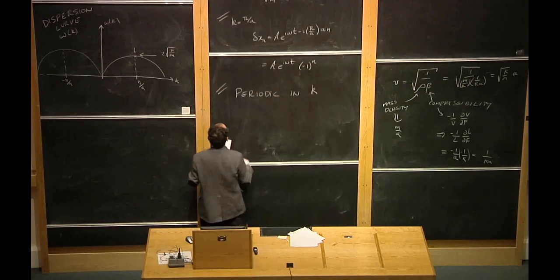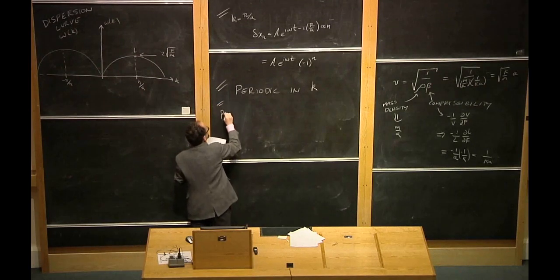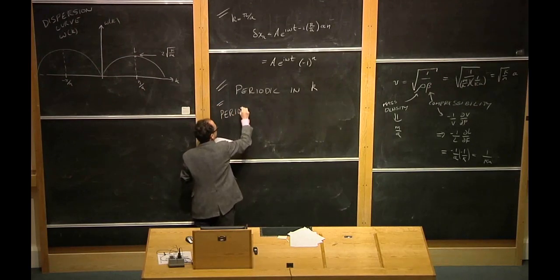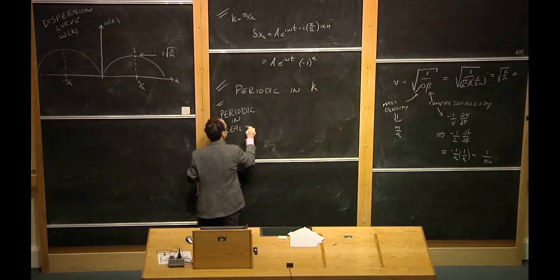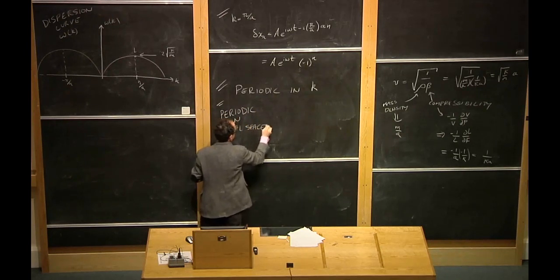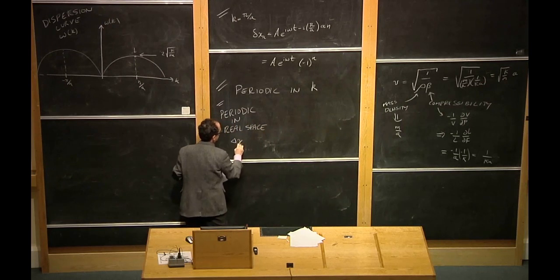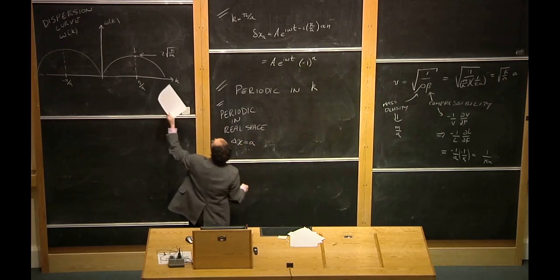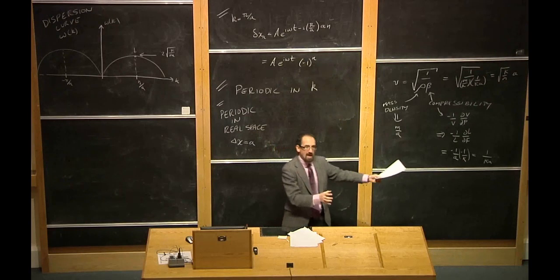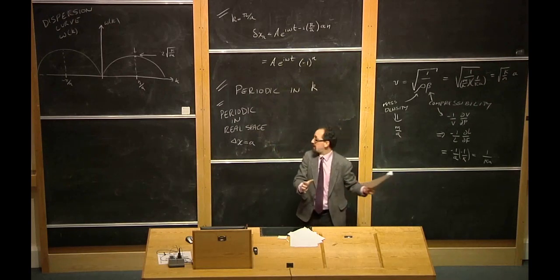There's a general law that if you have something that's periodic in real space, like a chain, which has a periodicity delta x equals a, if you take a whole chain and you shift it over by a, you get back exactly the same chain again.